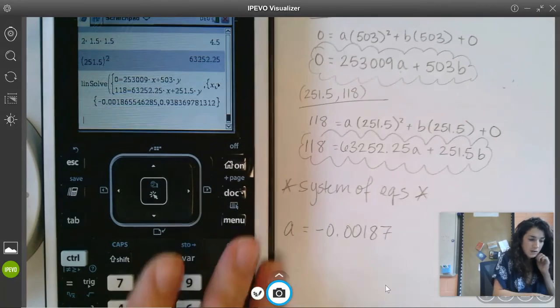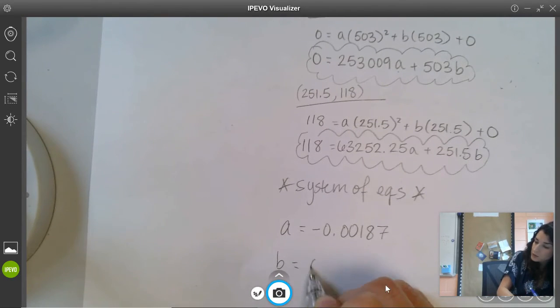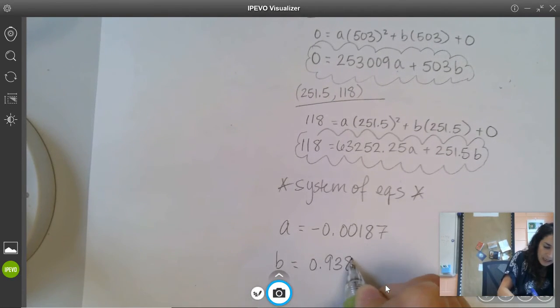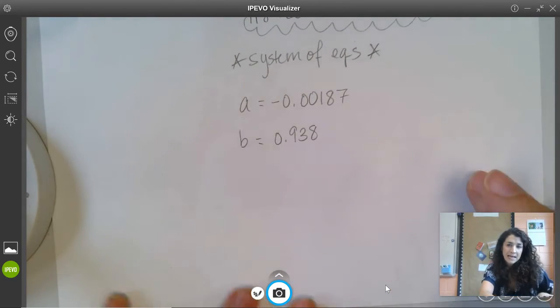Yeah, still works. Okay. And then b is equal to 0.938. So we've now solved for a, b, and c.